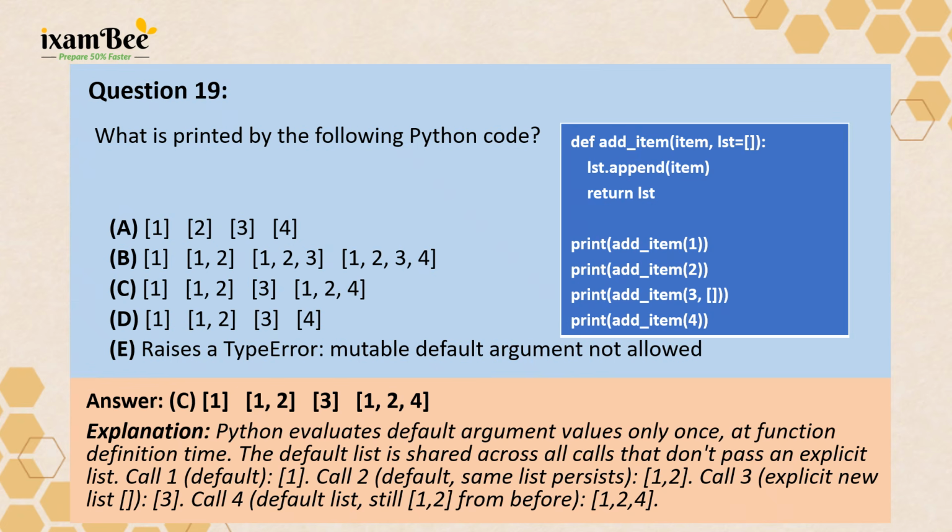Call 2 will append 2 to that list and return 1 and 2. Call 3, which has an explicit new empty list, will return only 3 as a list. And call 4, which has the default list still, which is holding 1, 2 from before, will append 4 and return 1, 2 and 4. Hence, the final answer is option C.